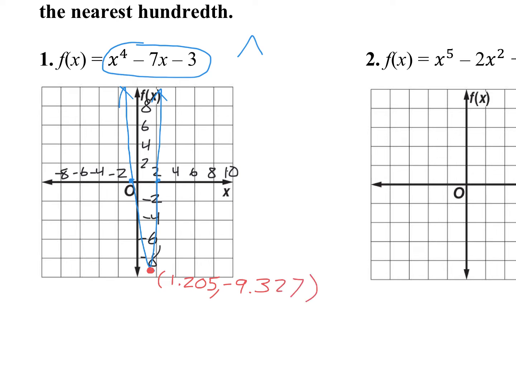And if you click right here, it'll tell you 2.039, comma 0, and the one over here is negative 0.424, comma 0. All right, and let's use that to answer the questions.